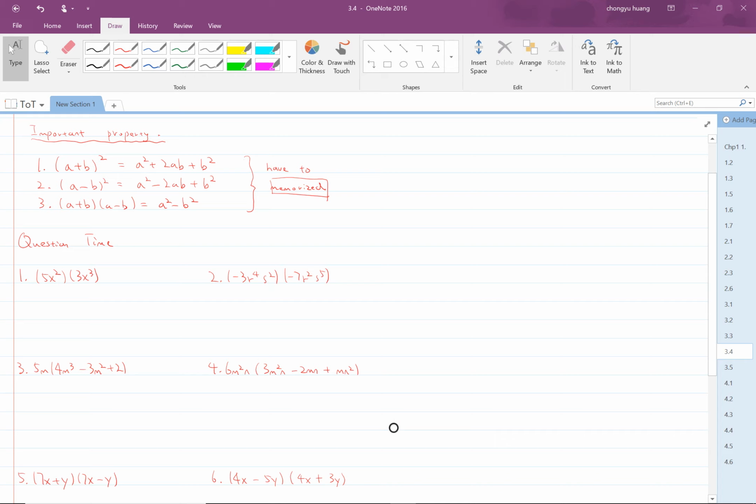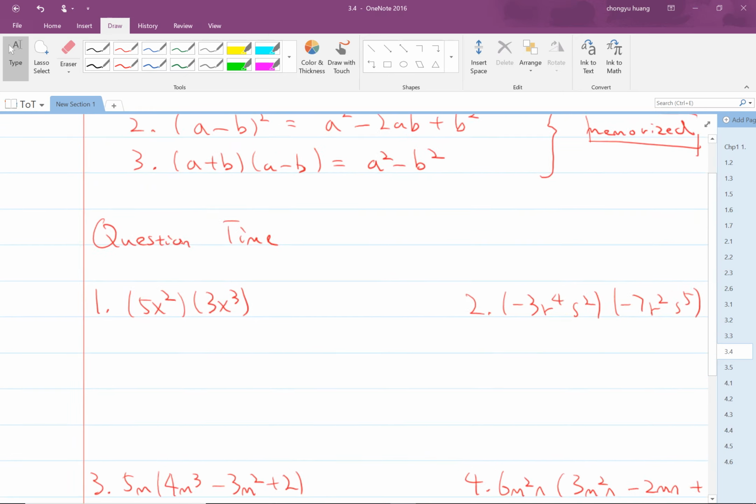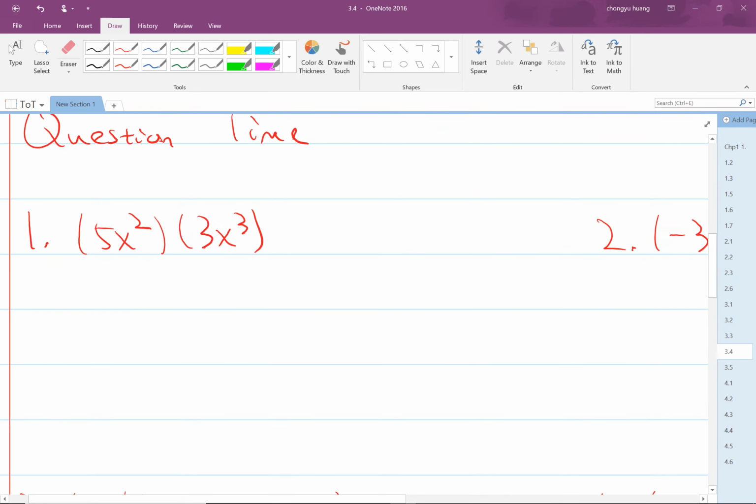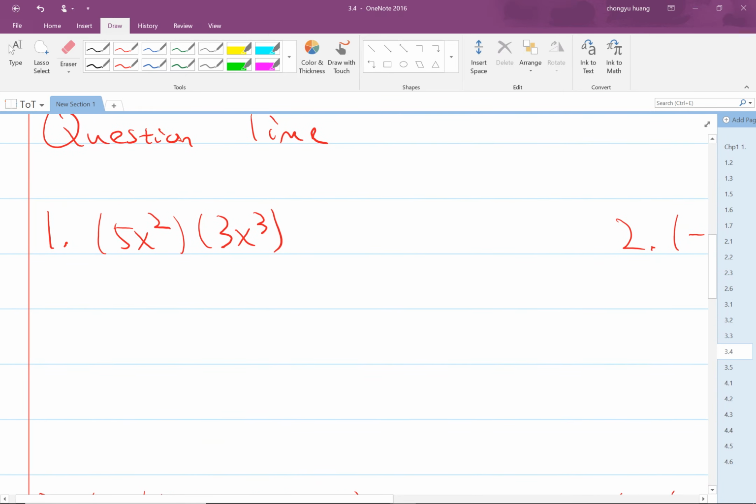So let's move into question 1. Let me zoom in a little bit to show you the detail of how you multiply polynomials. As this is the first one, I will show you the details. The first one, you can see, is 5x squared multiplied by 3x to the power 3.